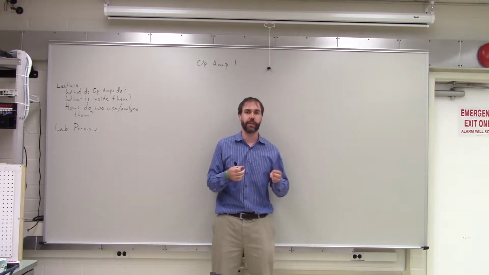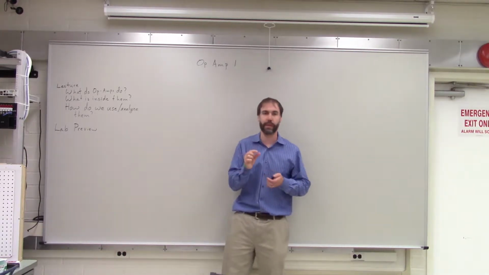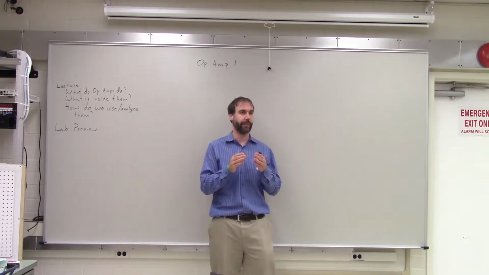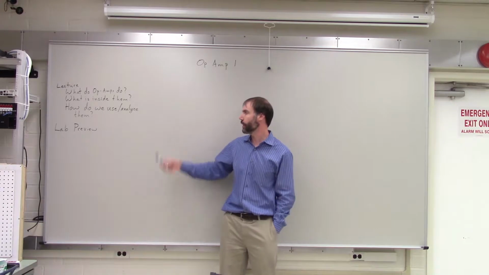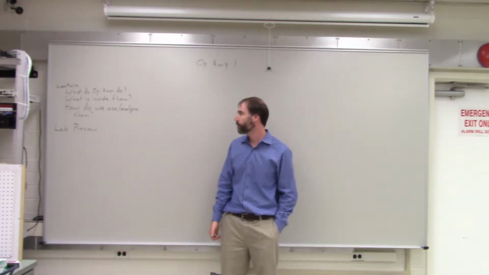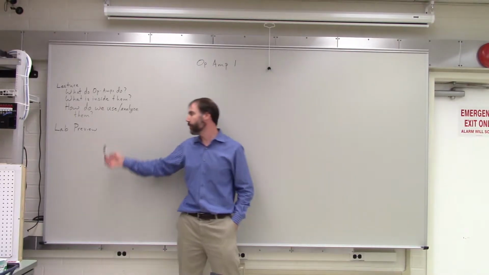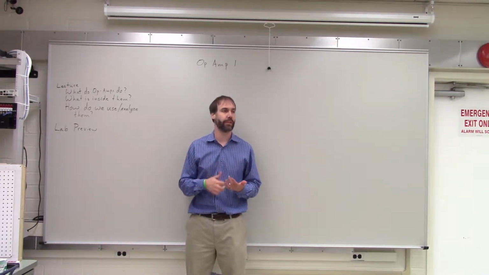These are both circuits that use the op amp chip, the operational amplifier chip, as their centerpiece, the heart, the thing that does all the work. But they're 2 different circuits that use that chip. So we'll talk about that, and then we'll go on and do a preview of tonight's lab. Okay? Any questions before we get started?